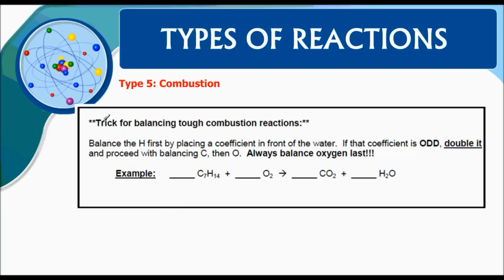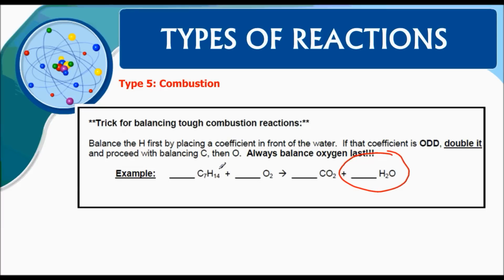It says you want to balance the hydrogen first by placing a coefficient in front of water. If that coefficient is odd, double it and proceed with balancing carbon, then oxygen. Always balance oxygen last. So the big trick here is that in front of the water molecule, you cannot have an odd number.